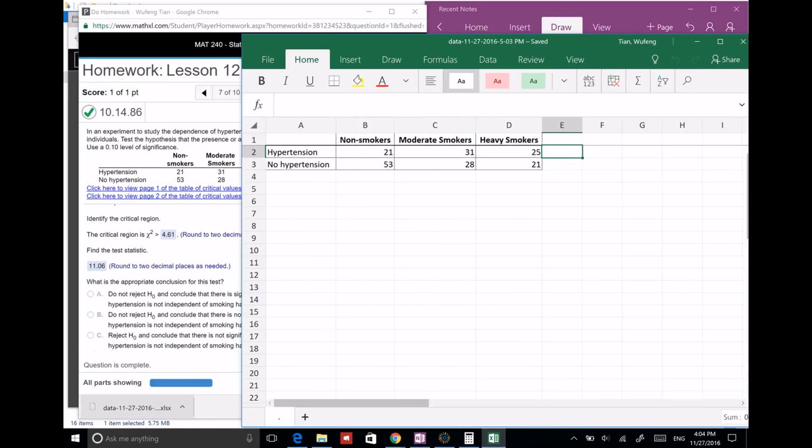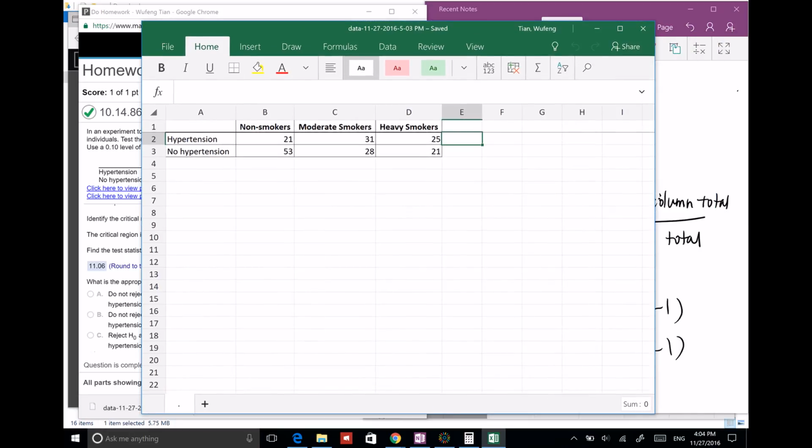Basically, I type in the sum of these 3, which is 77.